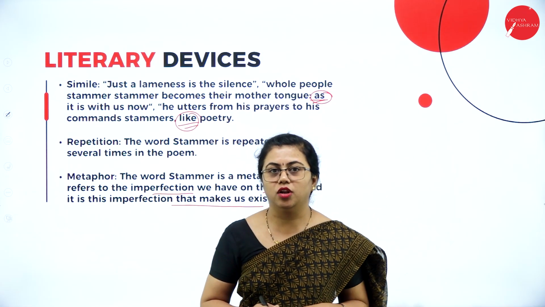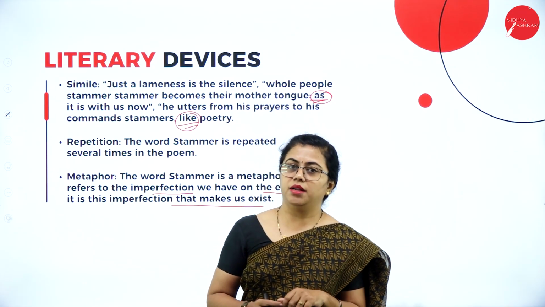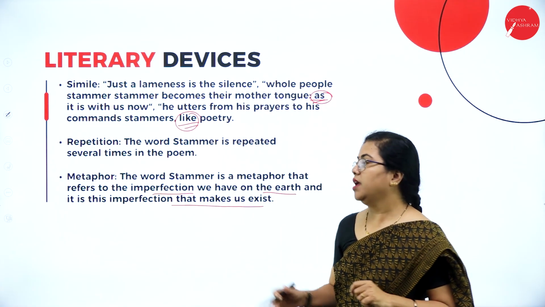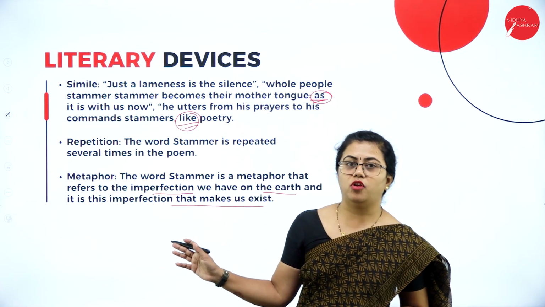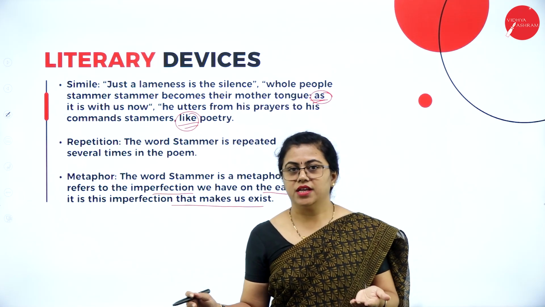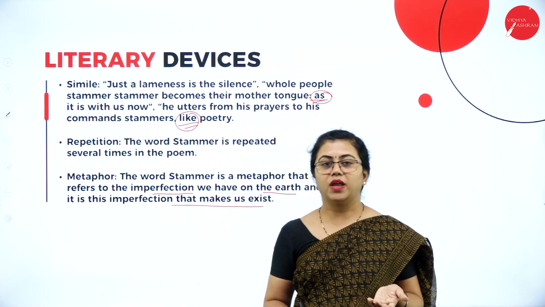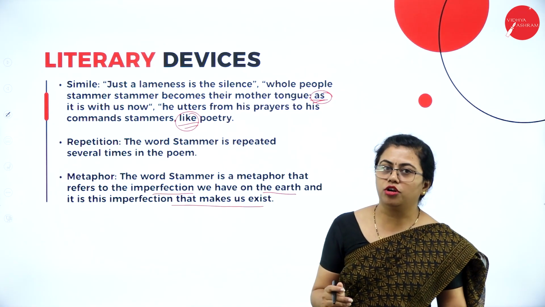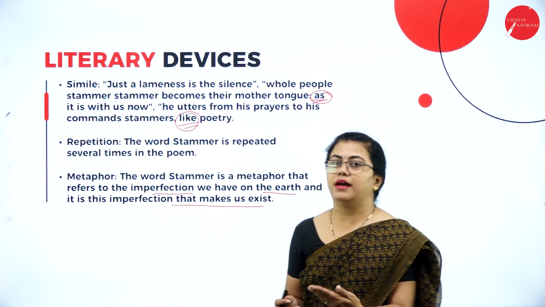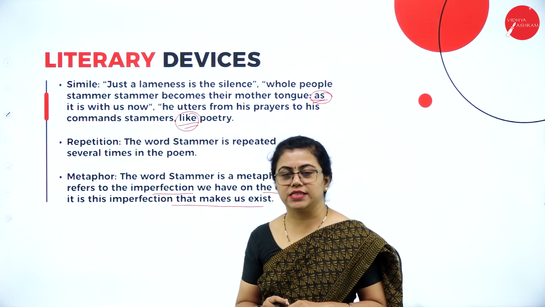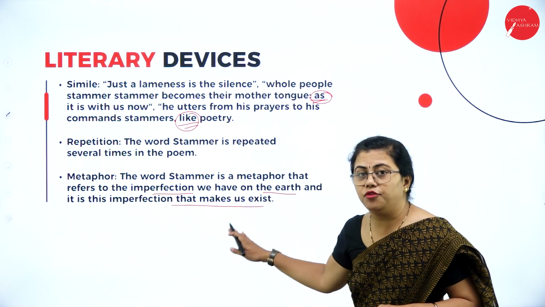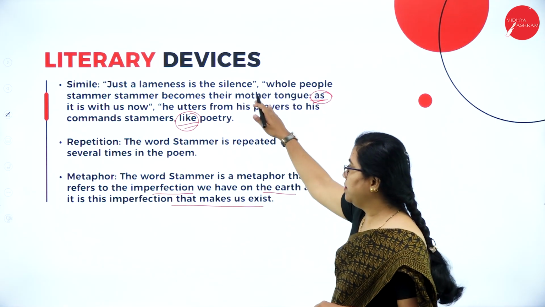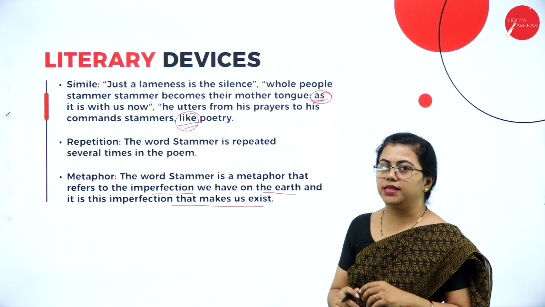He is also learning a lot of things, how other people interpret his words. In the same way, in life also we may have a lot of imperfections, like we stammer in life. Because of those imperfections we are learning a lot of things in life, and we are able to make other people understand a lot of things. So this is the metaphor we are talking about. So simile and metaphor both are there in this poem.